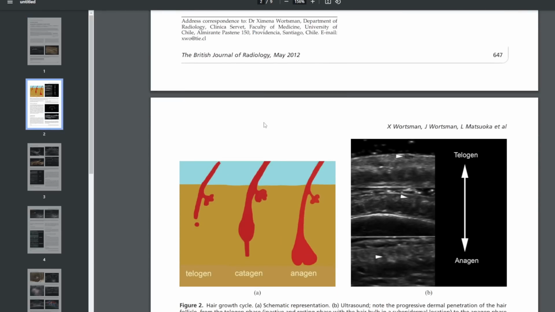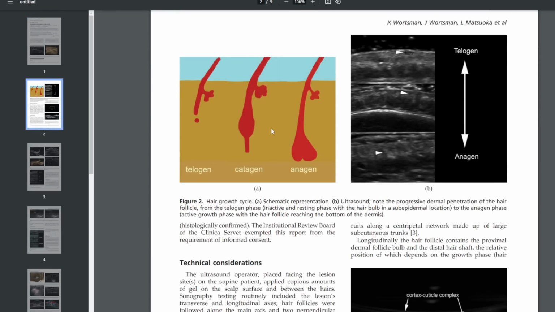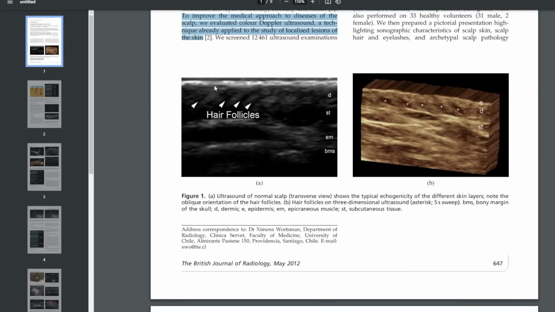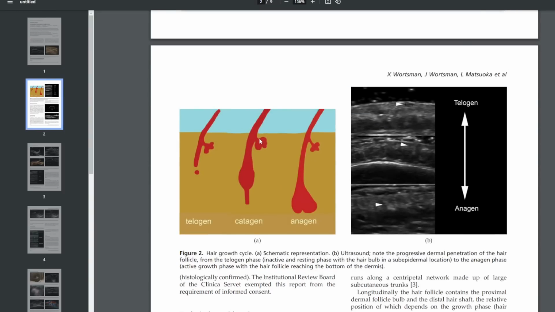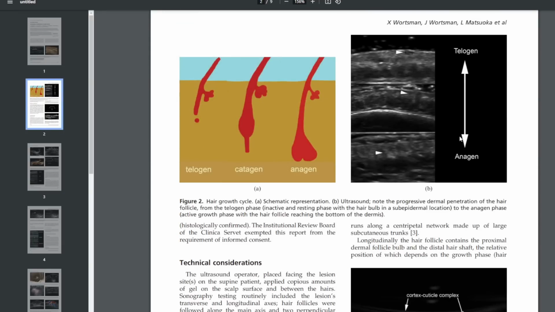And another cool thing about using ultrasound technology or sonography is that you can tell which hair follicles are in anagen or telogen. Telogen hair follicles are much closer up in terms of the strata of the skin, and anagen hair follicles are deeper within the skin, as it's showing over here.